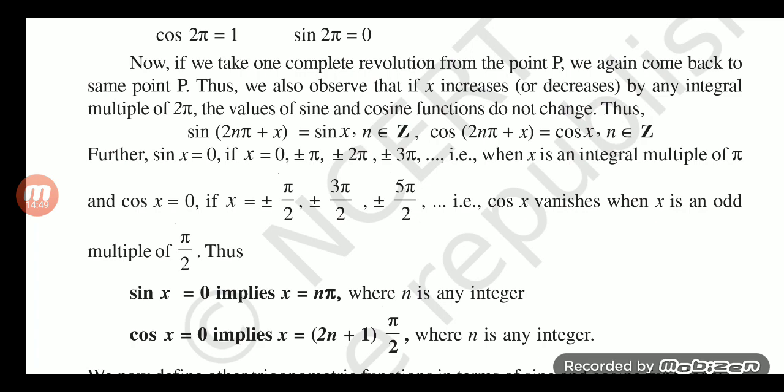Similarly, cos x is equal to 0 if x is equal to plus or minus pi by 2, plus or minus 3 pi by 2, plus or minus 5 pi by 2.